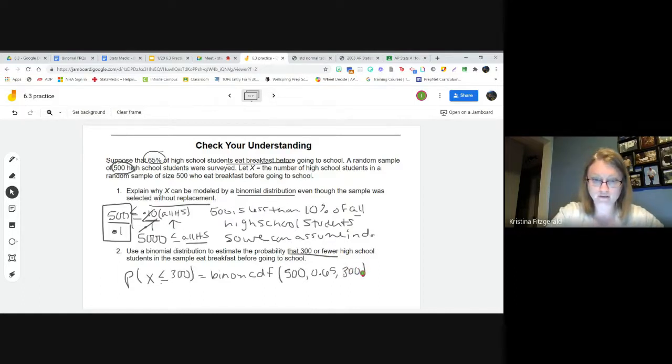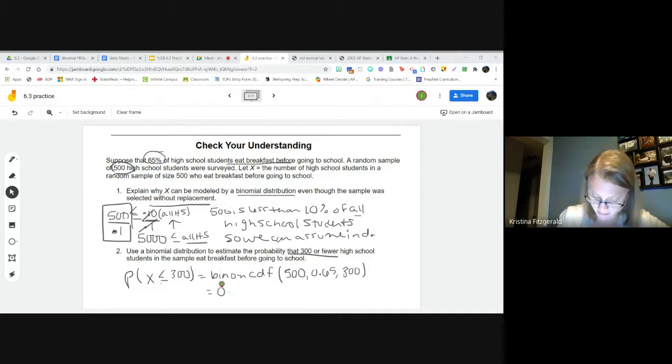So on my calculator, I go second, bars, and then go to binomcdf, hit enter, type in your numbers: 500, 0.65, comma, however many successes you want to go up to. So 300 at most, 300 or fewer. Okay, and then we get our probability.